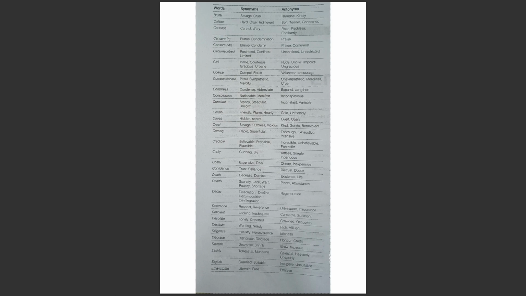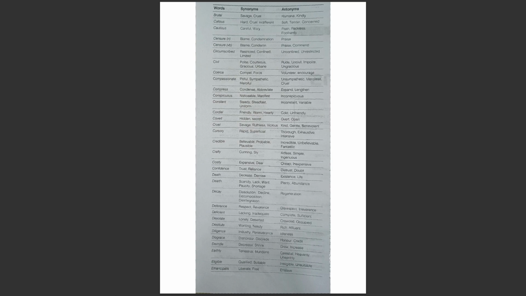Now look at the next word, dearth. Dearth is very different from death, क्योंकि उसमें एक R लग जाता है. Dearth means the inadequacy of something, not having something in adequate quantities, having the scarcity, having the lack, shortage of something. That is what dearth means.